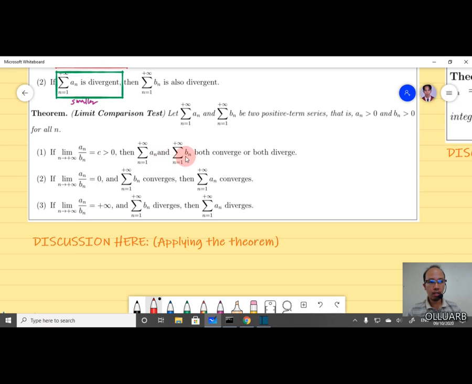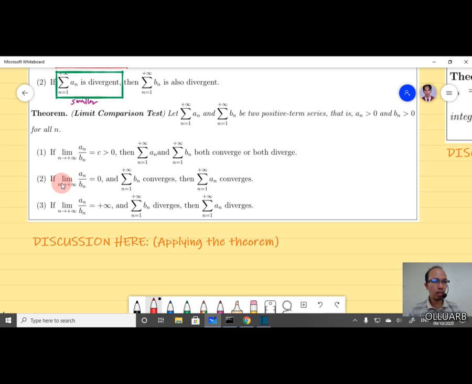But if b sub n is divergent and it satisfies this condition, then the original series is divergent. If b sub n is convergent, then a sub n becomes convergent. If b sub n is divergent, then a sub n is divergent also.